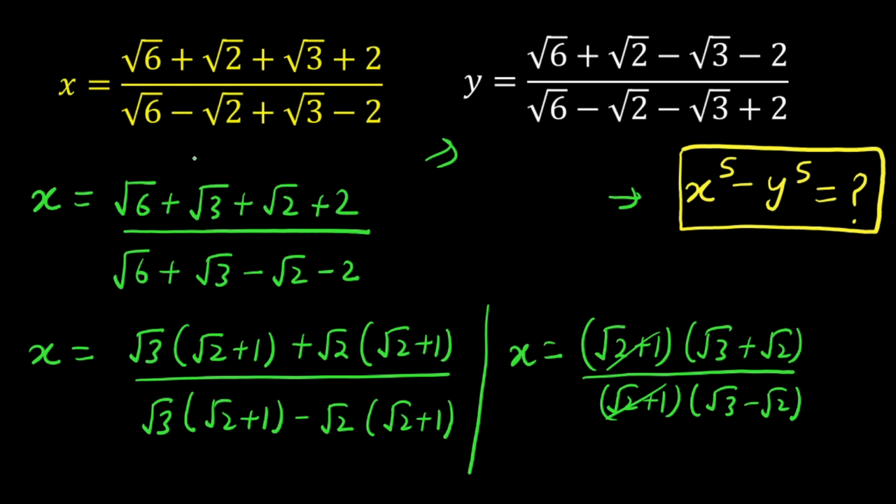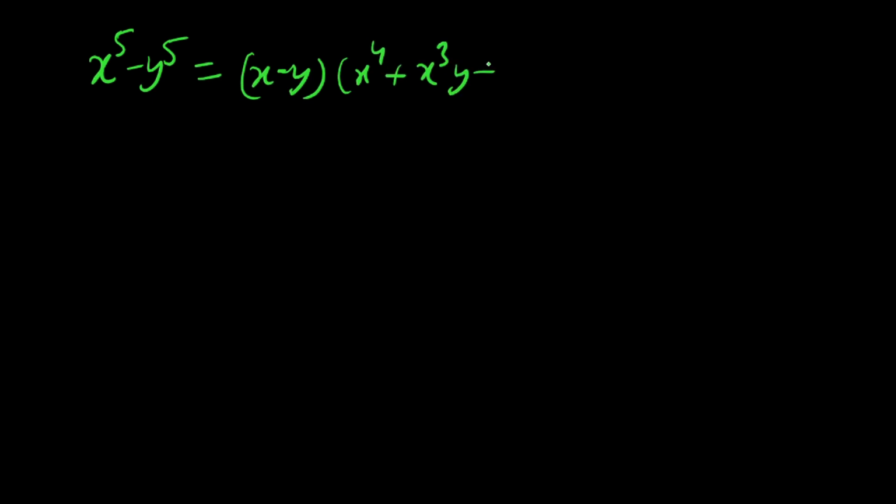Here we have to calculate the value of x power 5 minus y power 5. X power 5 minus y power 5 equals x minus y times x power 4 plus x power 3 times y plus x power 2 times y power 2 plus x times y power 3 plus y power 4.